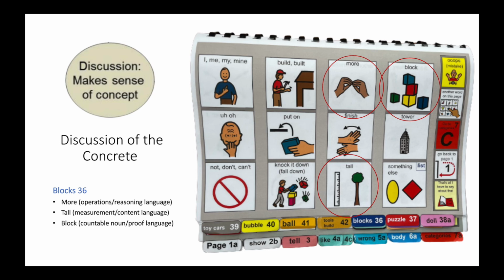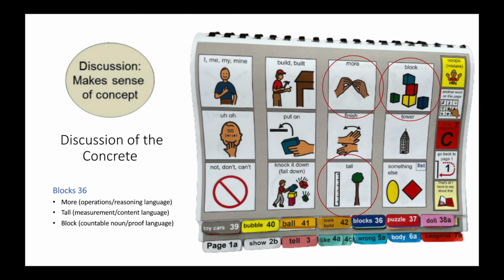So POD comes with an already pre-made blocks page, which is page 36. And I want to point this out because when I was thinking about math words, I was thinking right away like, I need to make my own special pages. And then the more I looked, I was like, no. POD is so robust that these words do exist in there. You just have to know where to find them.